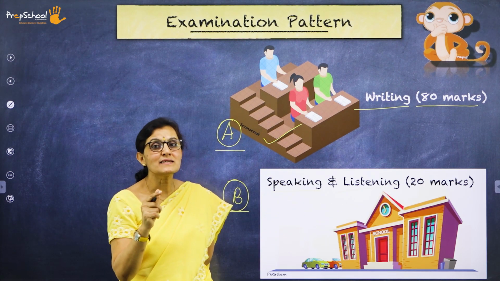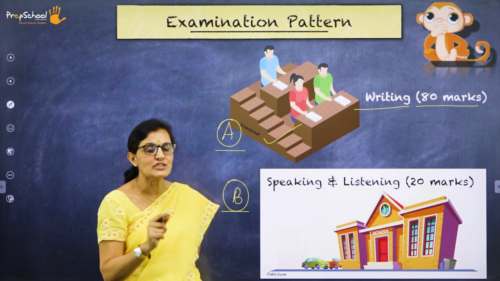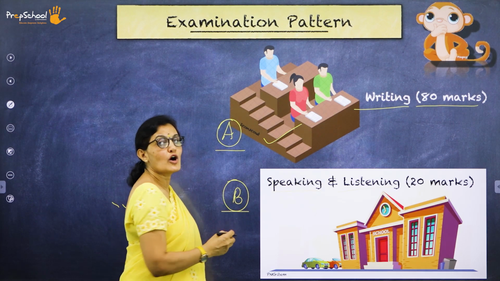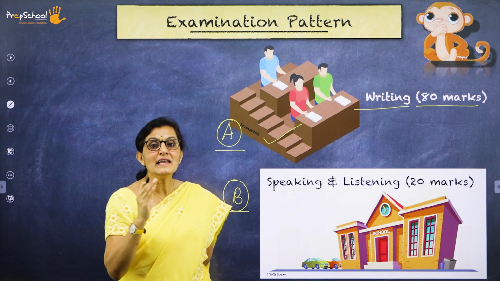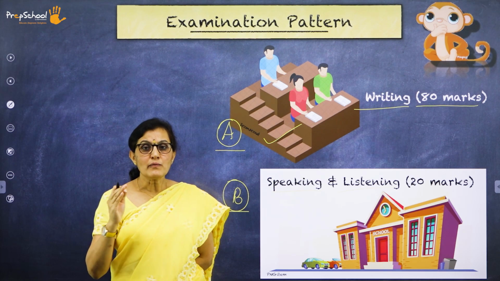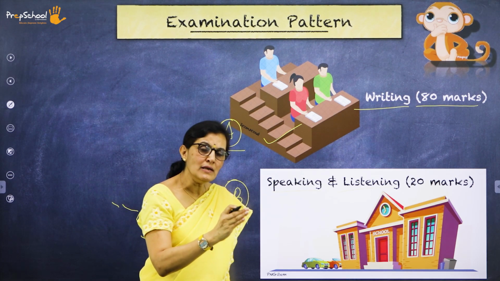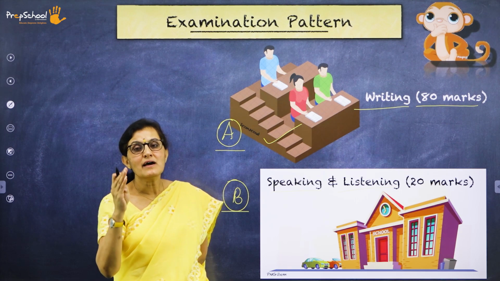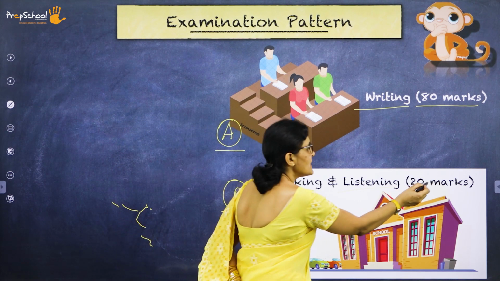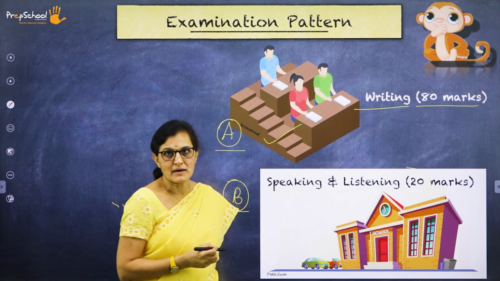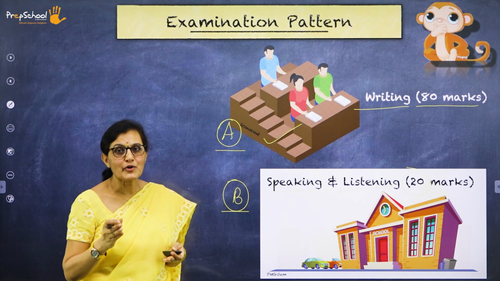So who assesses this? It is your school teacher. So to repeat, your Part B is an internal assessment which will be done by your school and by your school teacher, and for how many marks? It is for 20 marks. I hope you have got me right.